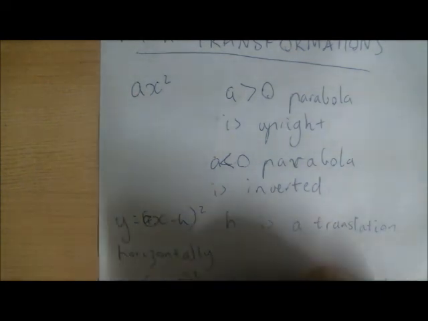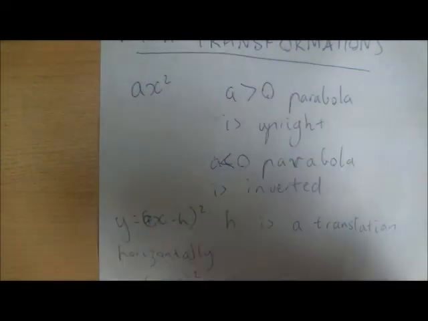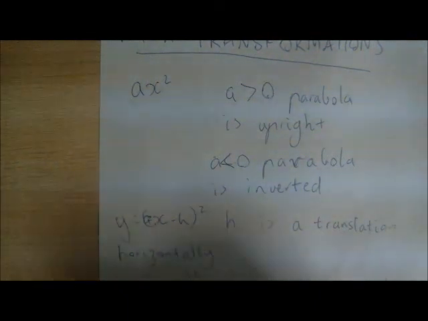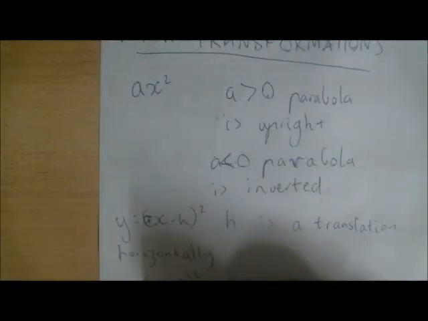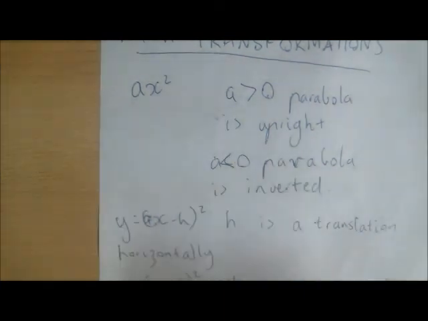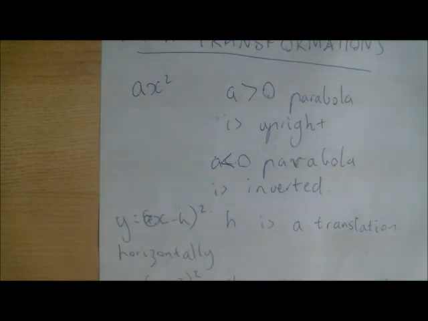Here's 3. Let x equal 0, then y would be equal to 9, so the y-intercept would be 9. It would look roughly like that. It's just the same x squared graph moved to the right 3 units. Obviously if it was x plus 3, it'd go the other direction.